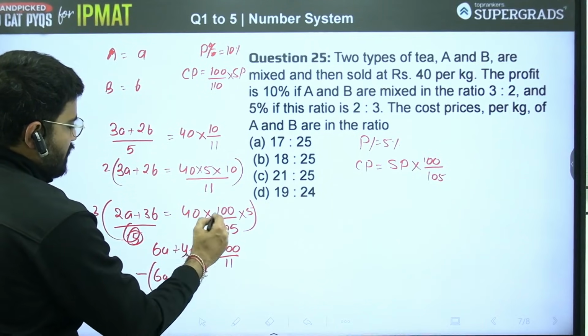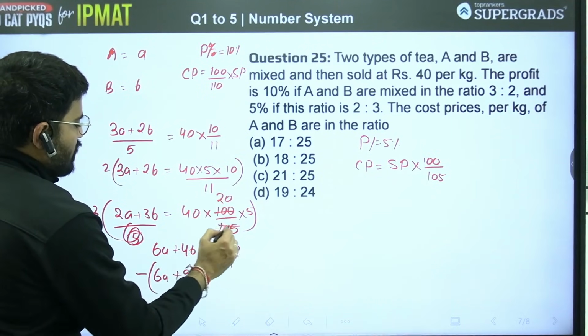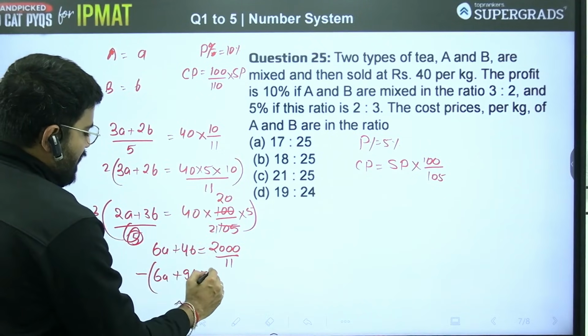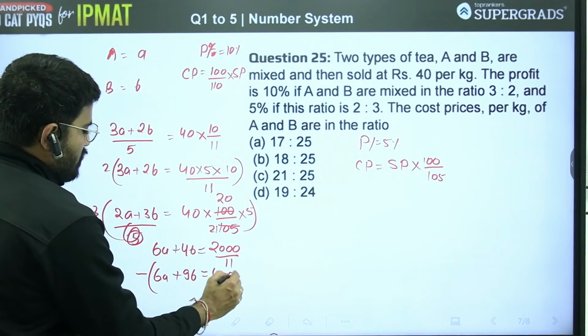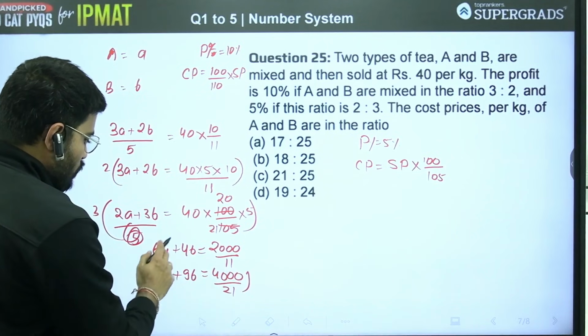So this gets cancelled. This is how much? 20. This is how much? 21. So 40 into 20 is 800. 800 into 5 is 4000 by 21. So I'm subtracting these two. A gets cancelled.